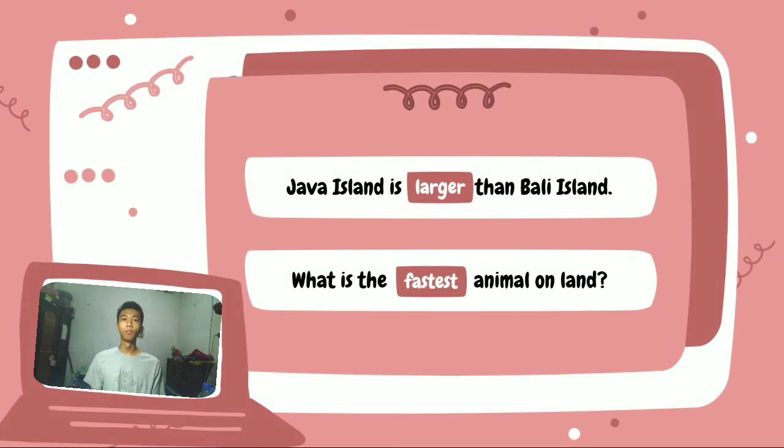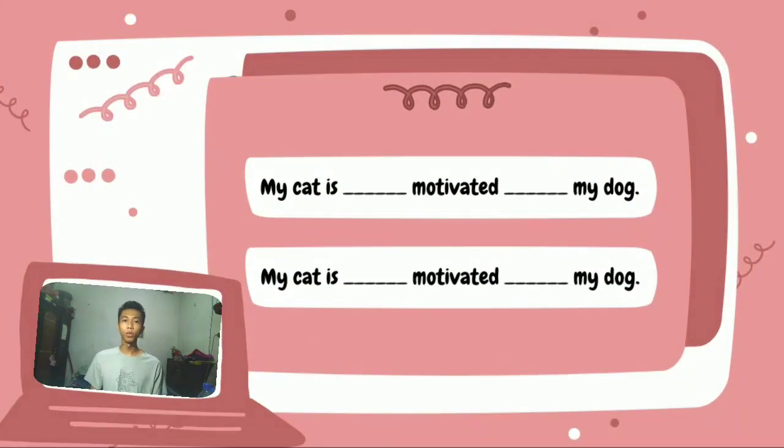Exercise number 3. My cat is blank blank blank motivated blank blank blank my dog. In this problem, we are asked to complete the sentence by identifying whether the sentence is a positive degree, comparative degree, or superlative degree comparison. In order to find out the answer, we have to analyze the whole sentence.